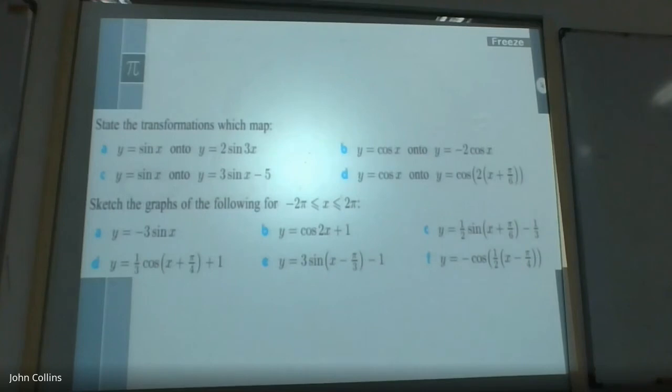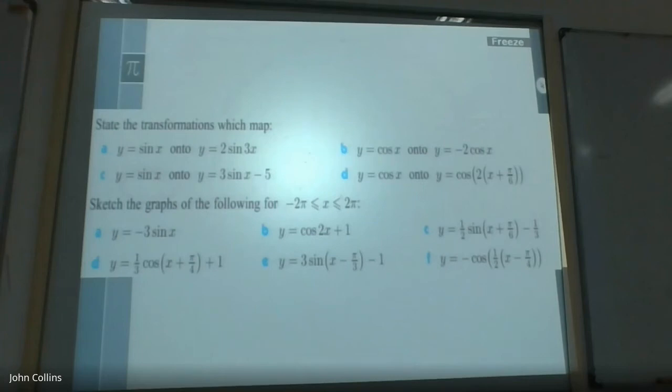And a stretch as well, by 3, scale factor 3. You still call that stretch.